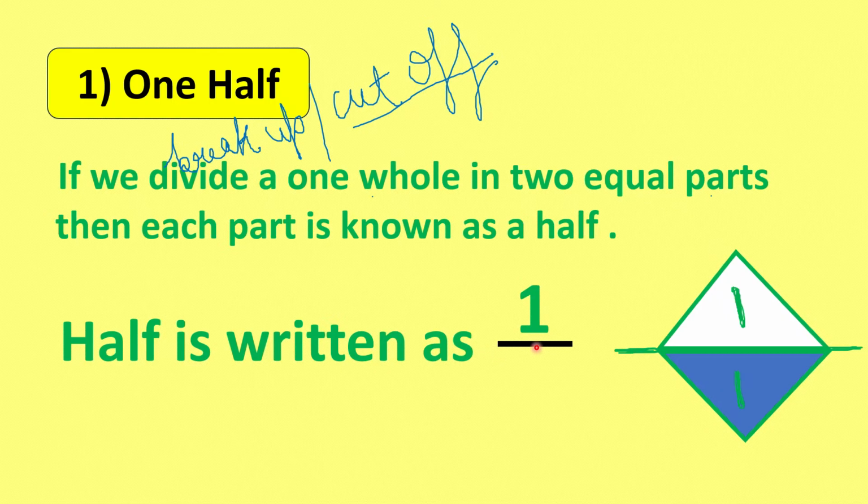We call the blank line upon, and we count how many parts there are of the whole. It's 2, so we write 2 under the upon. How do we pronounce it? We pronounce it as 1 upon 2. Okay, very good.